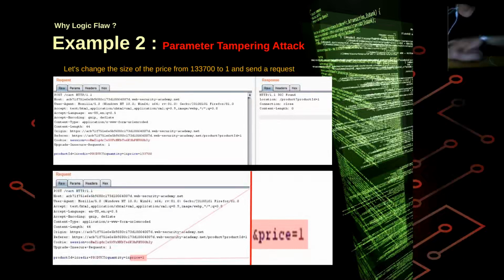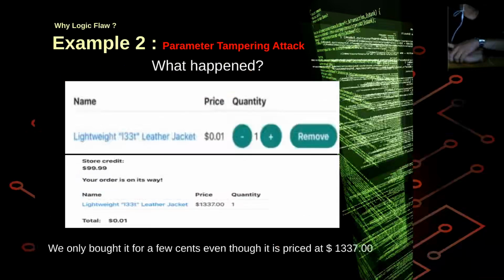We buy the jacket for 1 cent, because we changed the price of the item from 1,300 to 1, and so we bought this jacket for just a couple of cents.